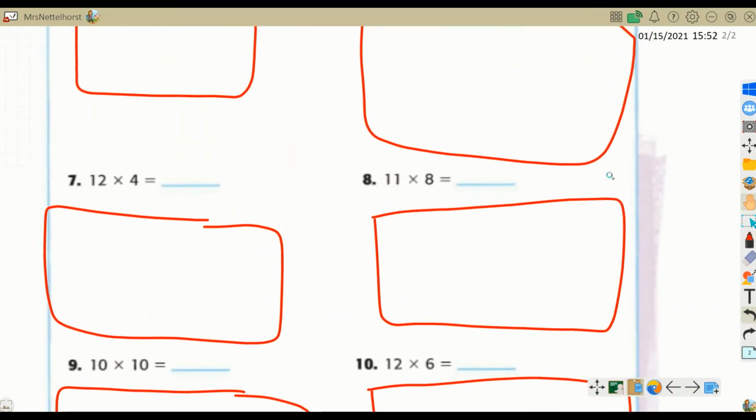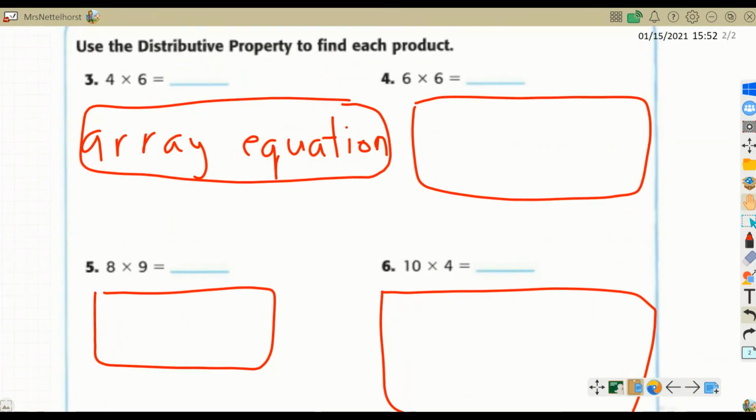That's just to show you that I want this on every single one. And make sure that the array is decomposed. You can do that by doing it in two colors. You can draw a line through it, but you need to have the decomposed array and the equation.